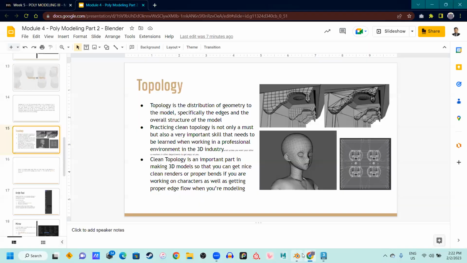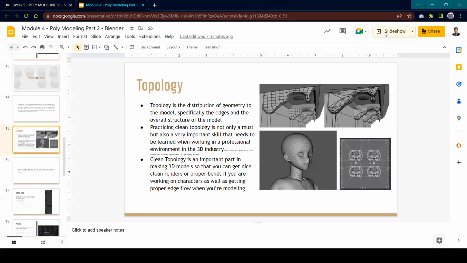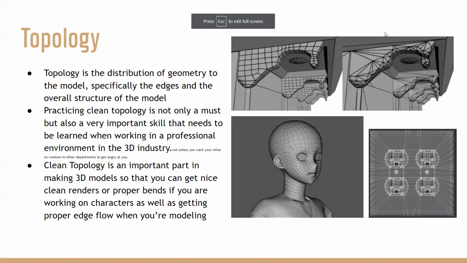Now, the thing about topology here, remember, when I discussed yung pag-model natin last meeting, sinabi ko sa inyo, when you're gonna be modeling, practice to always maintain 4 faces all throughout your model. Kasi, ang tawag natin dyan is quad topology. Quad topology is the most universal na topology na dapat ma-follow natin.